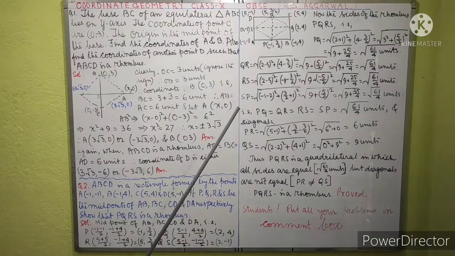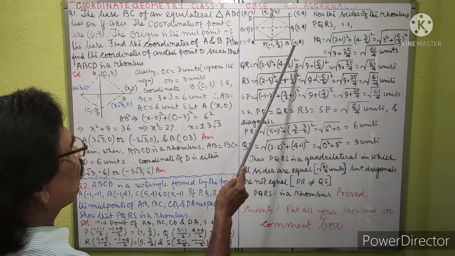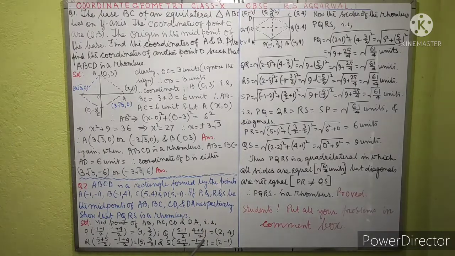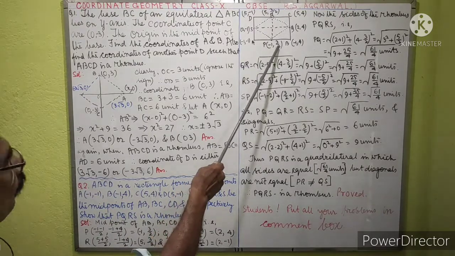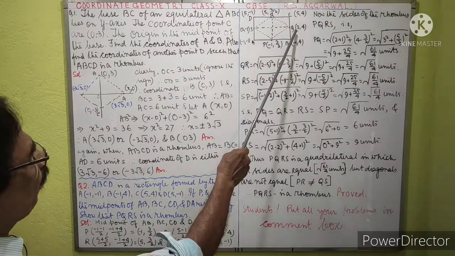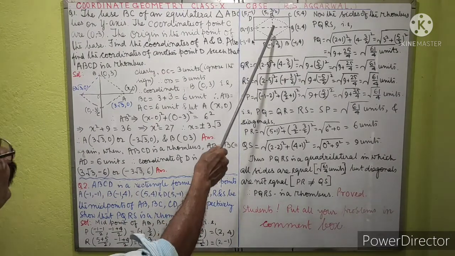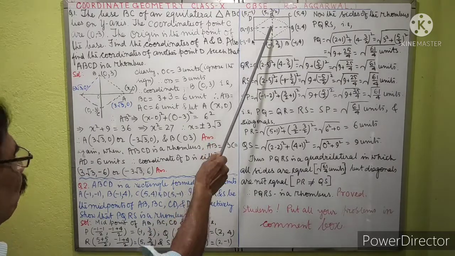According to the midpoint formula, we find the coordinates of P: P equals minus 1, 3 by 2. This is minus 1, 3 by 2. Q equals 2, 4. And R equals 5, 3 by 2. This is 5, 3 by 2.